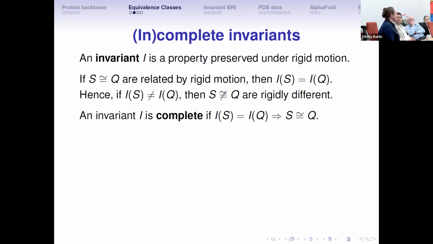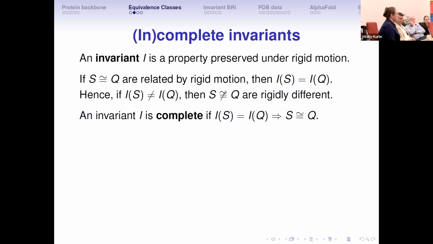It means that invariance offers a tool to quickly tell objects apart: if the invariants are not the same, then we can quickly say that the objects were not the same up to rigid motion, that they are rigidly different.